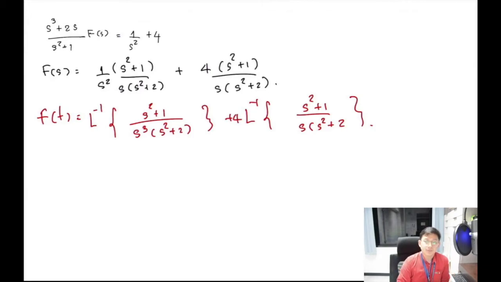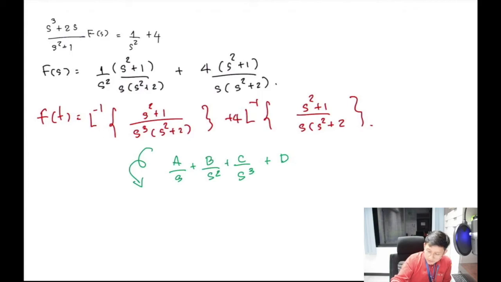Okay, and to do this inverse Laplace transform, I'll show you only the first one. You can look at it as a divided by s plus b divided by s squared plus c divided by s cubed plus ds plus e divided by s squared plus 2.